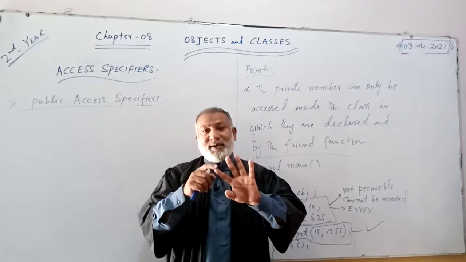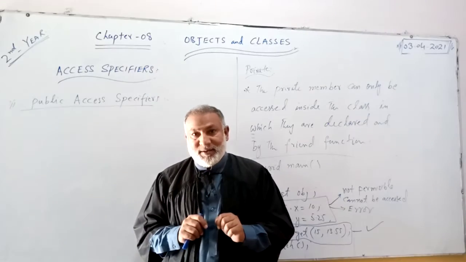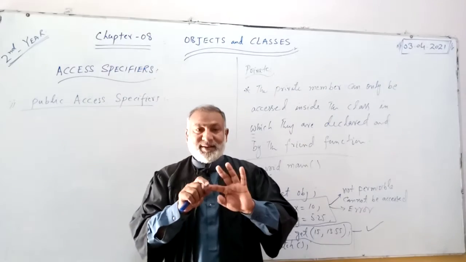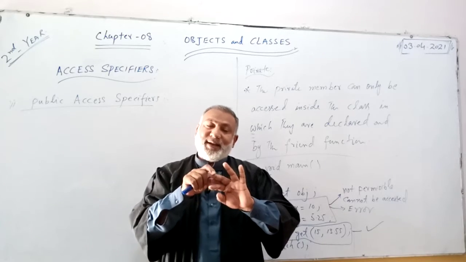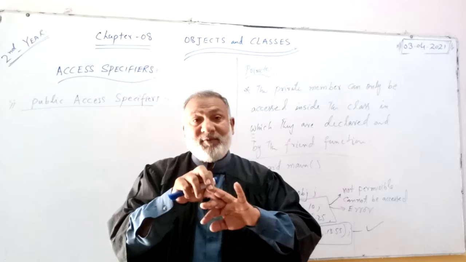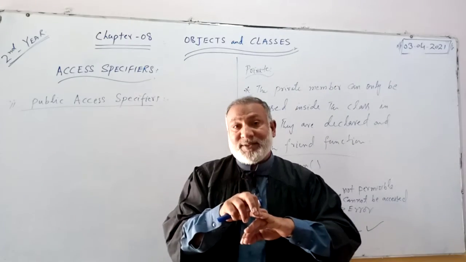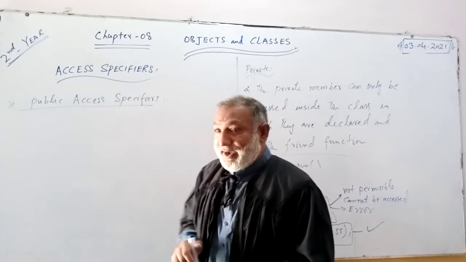So, four different areas: everywhere you can access the public member function. Inside the class body, by the friend function, in the main function, and by the derived class as well. So let me write this definition.